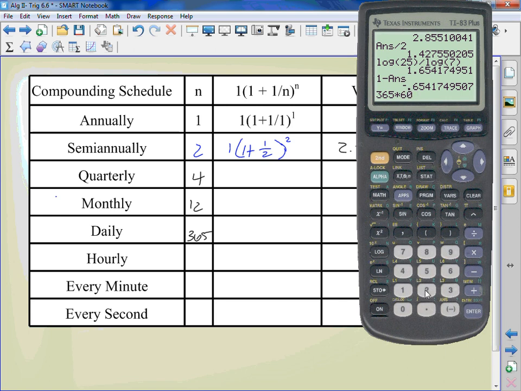You almost got me. This one's 8760. Times this one by 60 for every minute, and I get 525600. Second, I take this and times it by 60. Whoa. 31536000. That's how many seconds there are in a year.